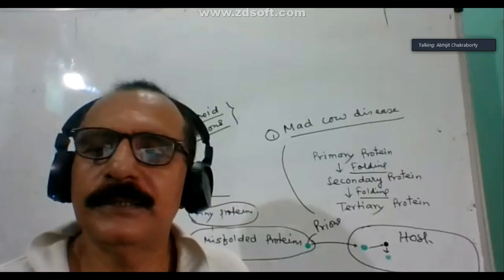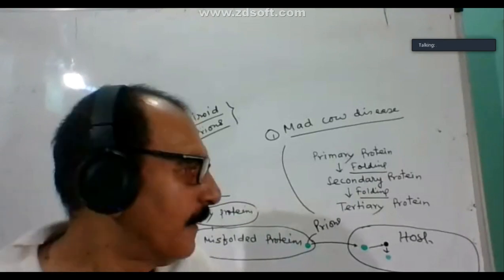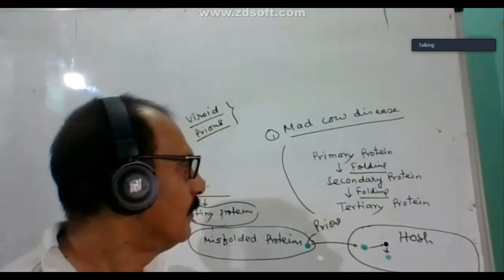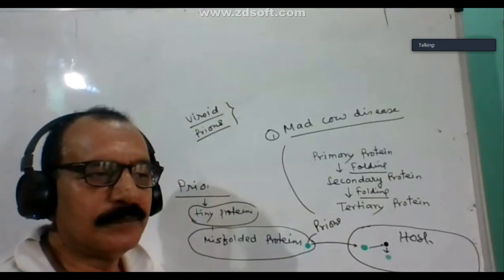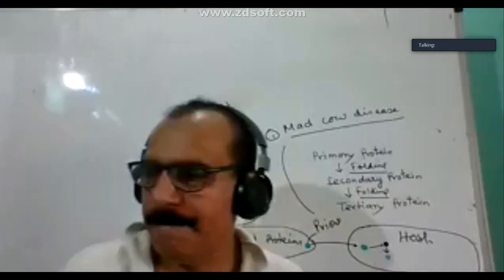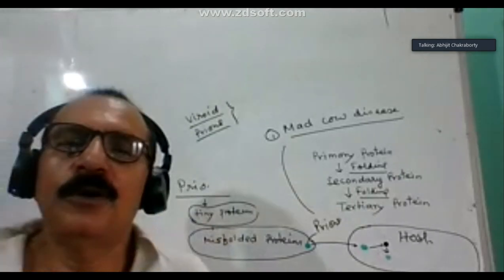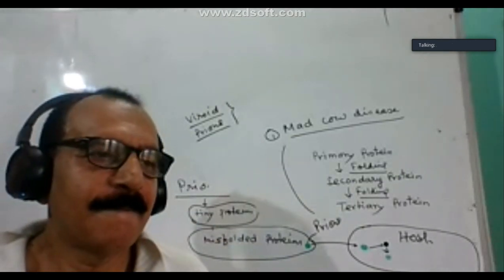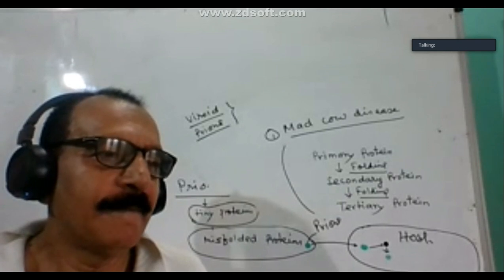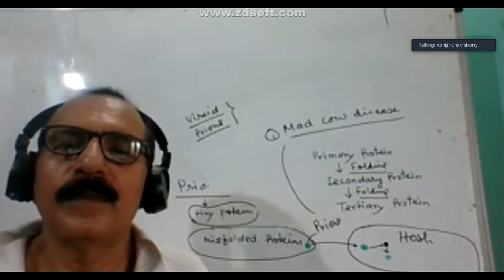Oblique virus. Name one human disease caused by prions.